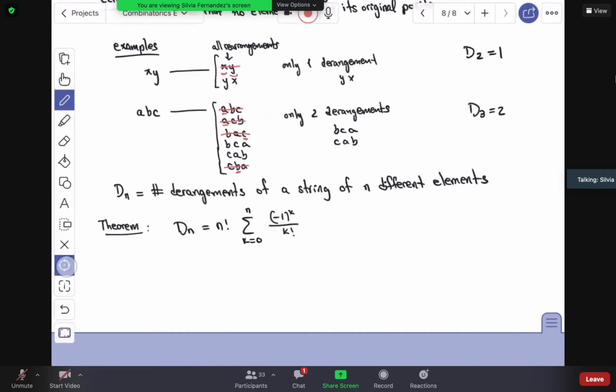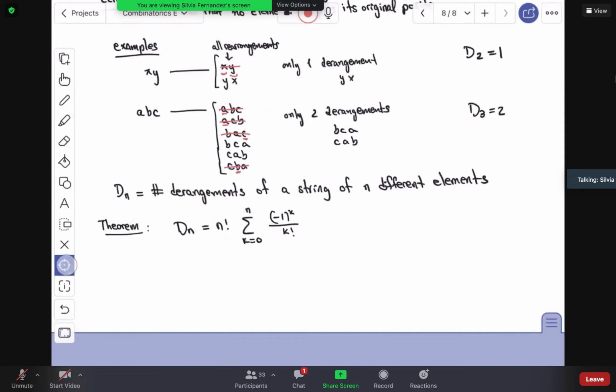Does this look familiar to you? Just a summation. Forget about the n factorial. Does this remind you of something from calculus? Well, we'll see it next time.